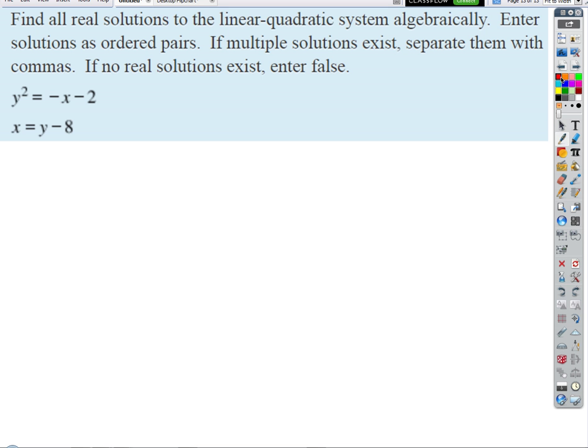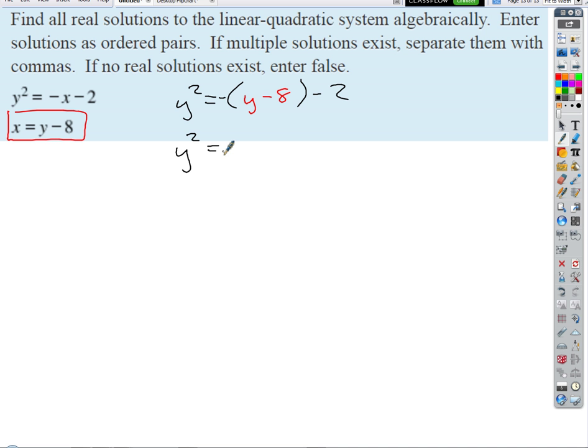Good. Y is being squared. So let's substitute for x. And that's going to give us y squared equals negative the quantity y minus 8 minus 2. So what do I have to do to simplify that on the right side?